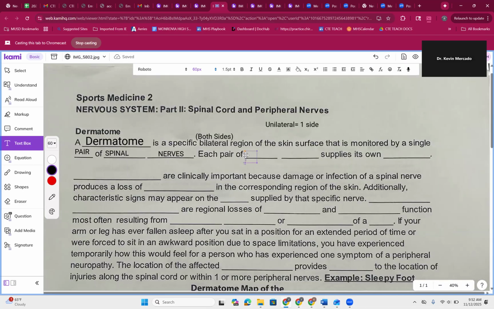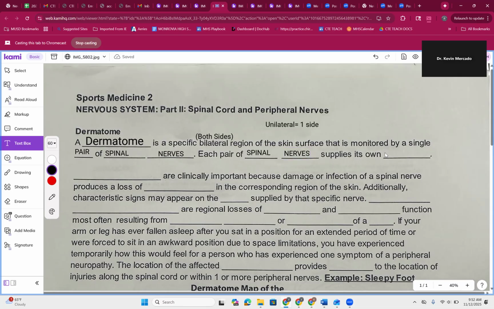Okay, each pair of spinal nerves supplies its own dermatome.